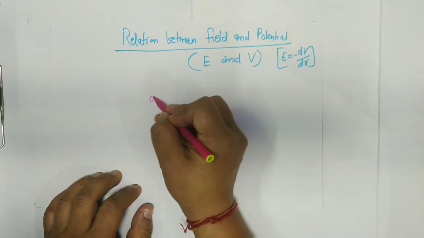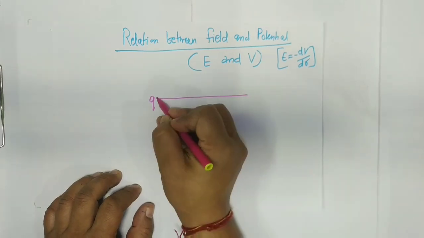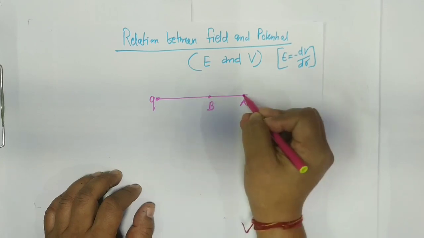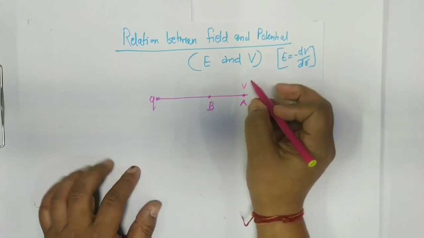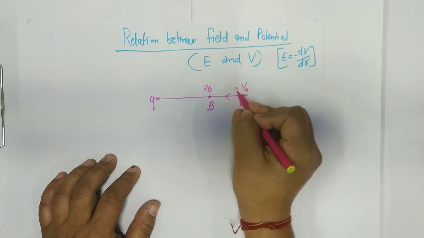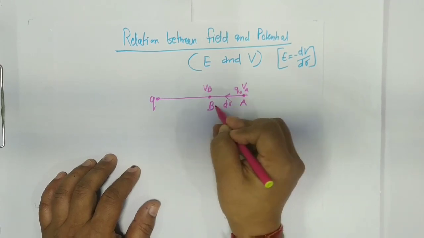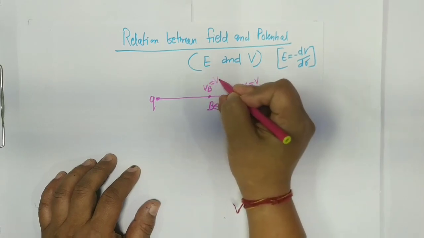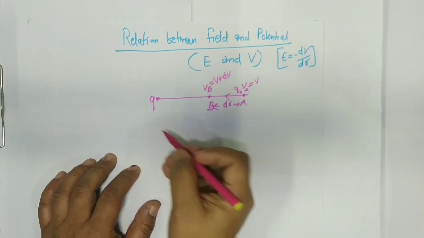Say there is a charge Q and there is a point, say A, and this is point B. Here say potential is VA, and at B it is VB, and you are taking a charge Q naught from here to here at dr distance. VA is V and VB is V plus dV, we can say.